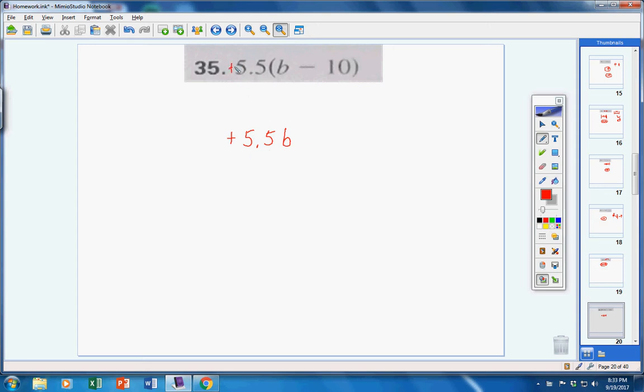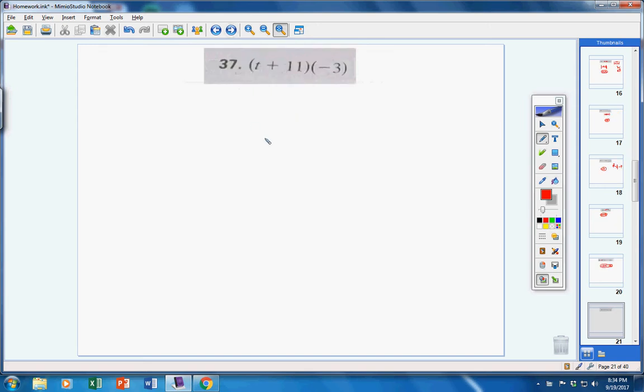A positive times a negative is negative, and 5.5 times 10 is 55. And there's your answer. Okay? Number 37.